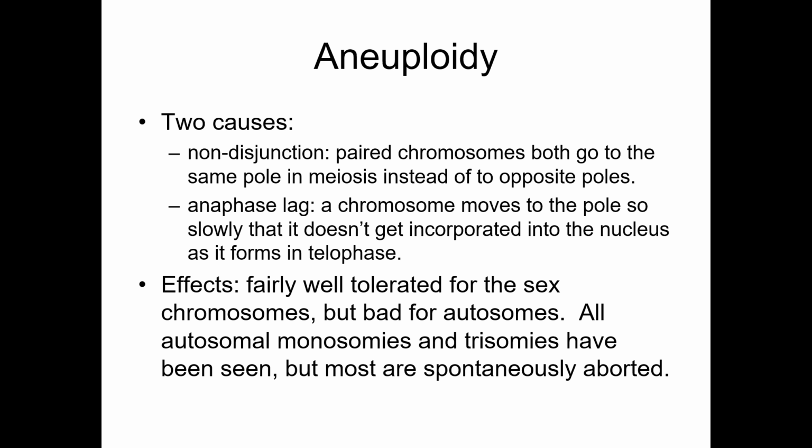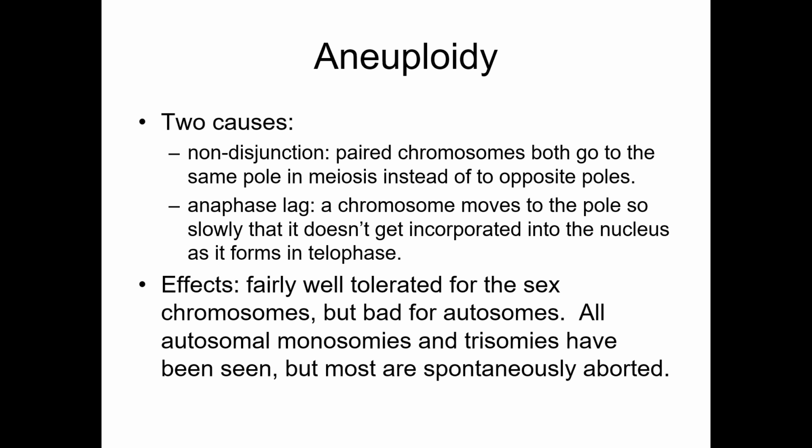What is the effect of that? This effect is fairly well tolerated for sex chromosomes. In sex chromosomes, there is nothing much. But it is bad news for autosomes. Why is it bad news for autosomes?